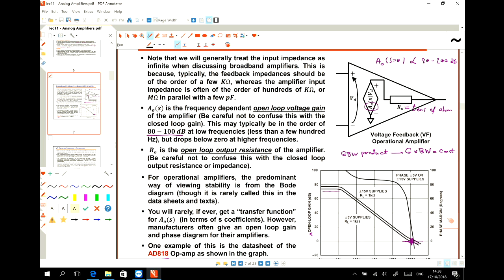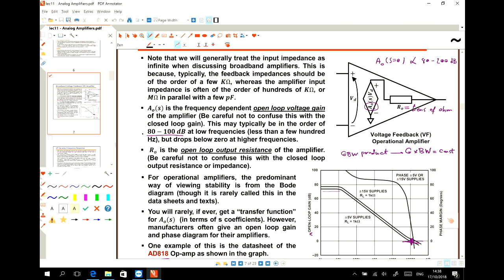The values that you can find in the data sheet about these parameters, for example, for the open loop gain, I believe most of you have designed your analog amplifier for the design project. The values for the open loop gain are something between 80 dB to 200.